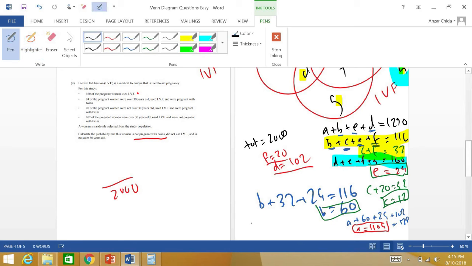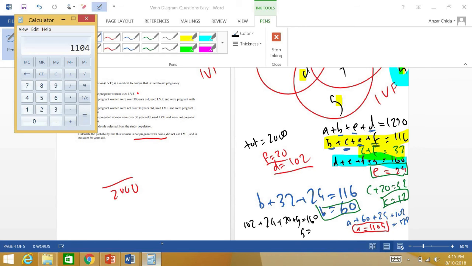So I've got D, which is 102, plus E, which is 24, plus F, 20, plus G equals 160, and G is found by minusing all of those ones. These are the tricky ones. They made us find every single letter.